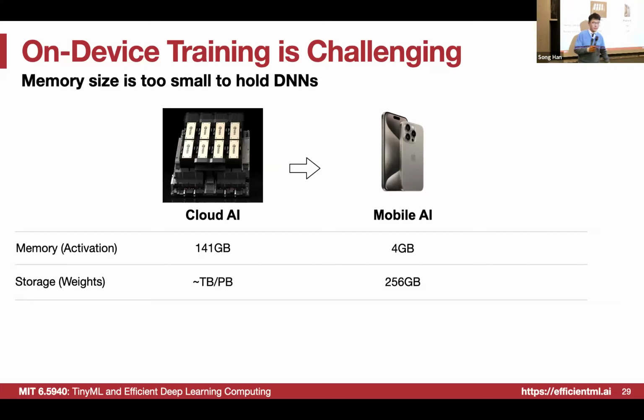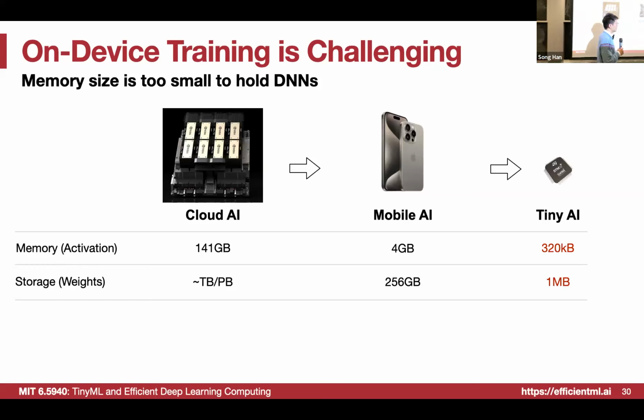For a mobile device, we can easily have 4 gigabytes of memory and 256 gigabytes of flash storage. But as we learned in the MCUNet class, tiny AI for IoT devices, you are limited to a couple hundred kilobytes of SRAM and maybe one or 2 megabytes of flash.